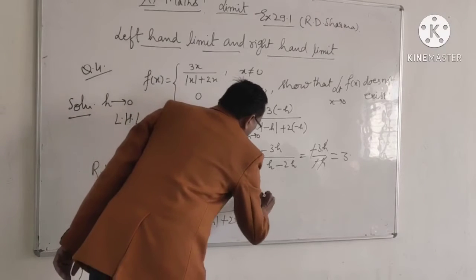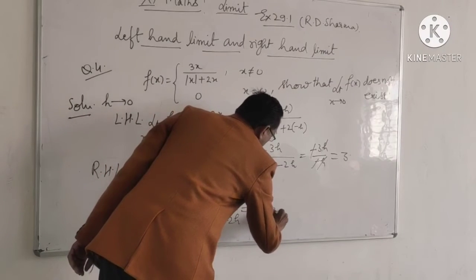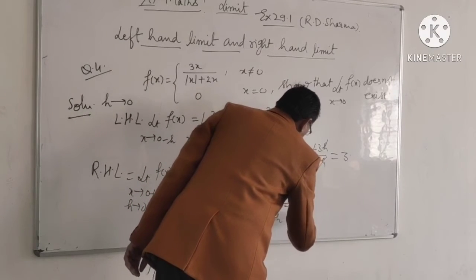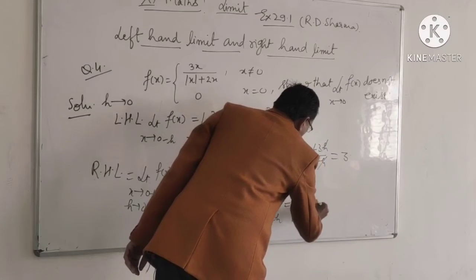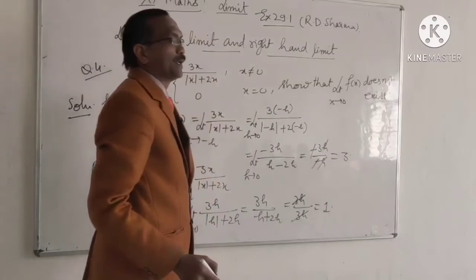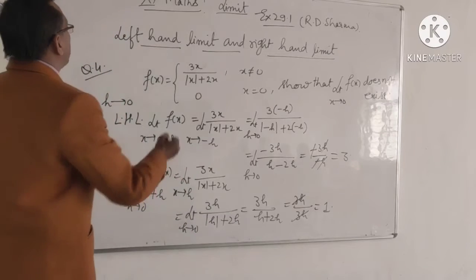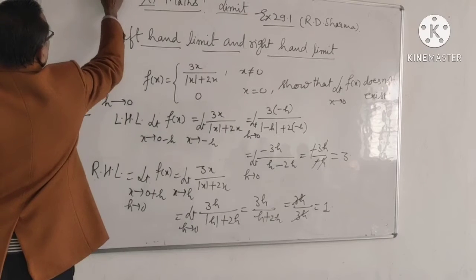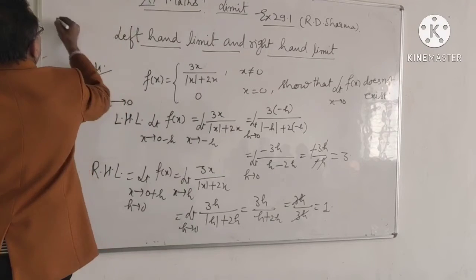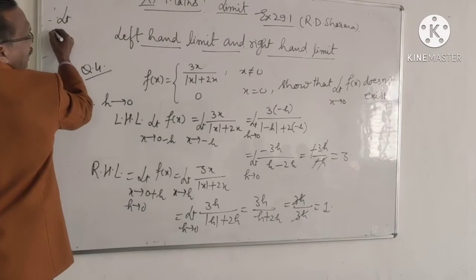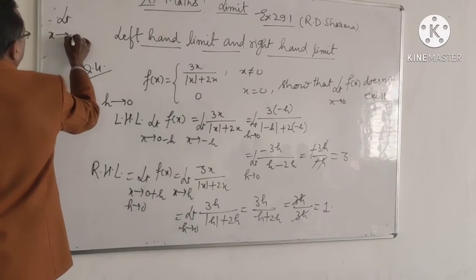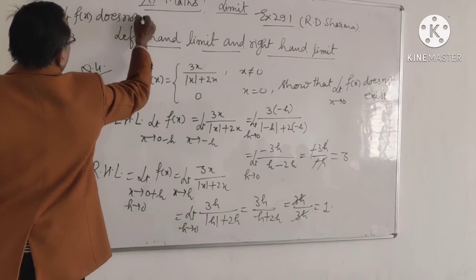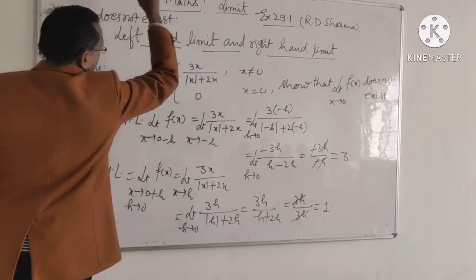Then it is 3h upon h plus 2h, which is 3h upon 3h. It cancels. It is 1. Since left hand limit is not equal to right hand limit, therefore limit x tends to 0 of f(x) does not exist. Hence proved.